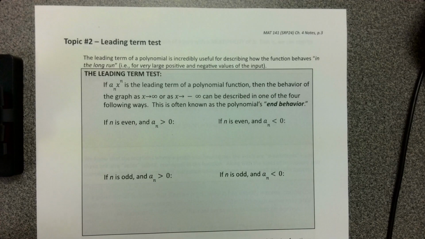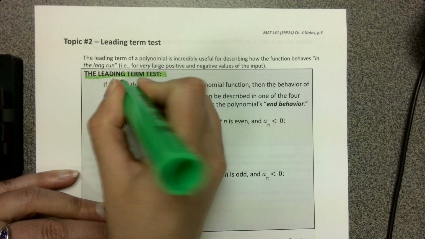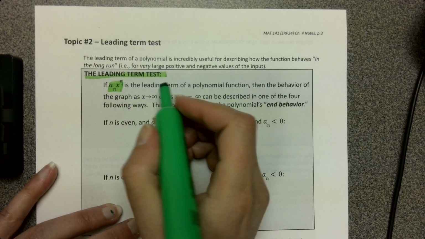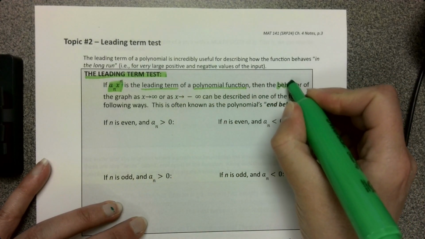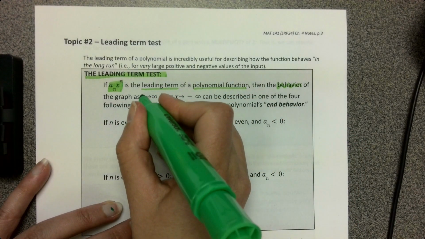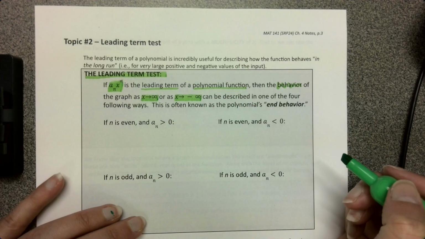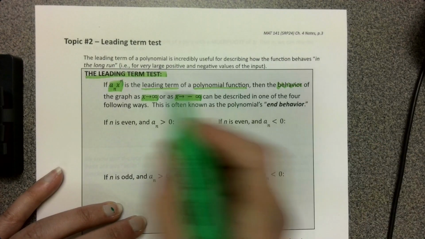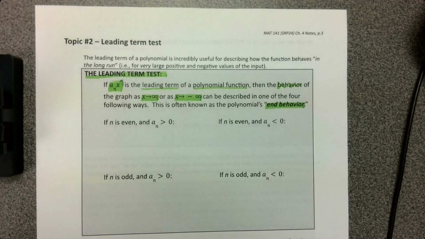So the leading term test says that if a sub n times x to the n is the leading term of a polynomial function, then the behavior of the graph as x approaches infinity, so for very large inputs, or as x approaches negative infinity, very large negative inputs, can be described by one of the 4 following ways. This is often known as the polynomial end behavior.